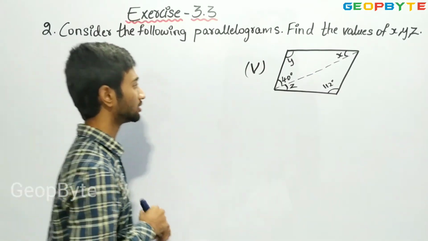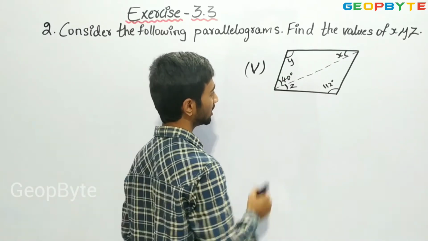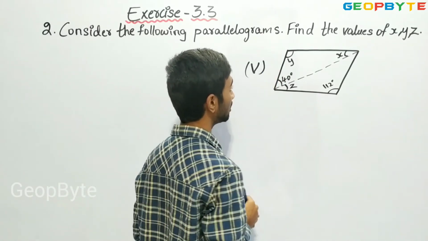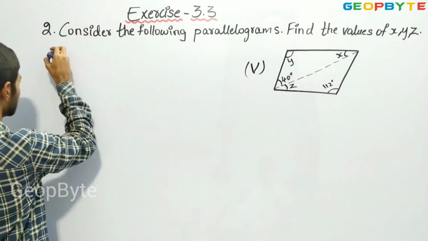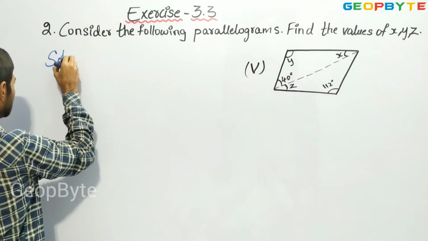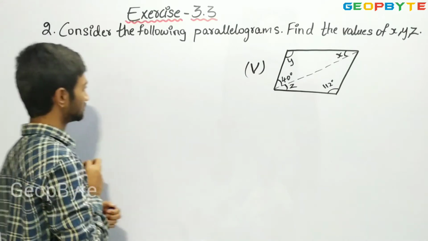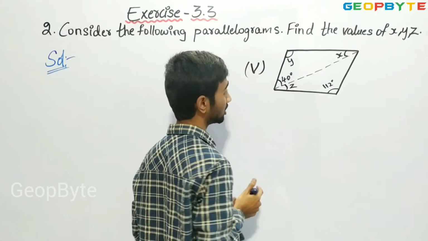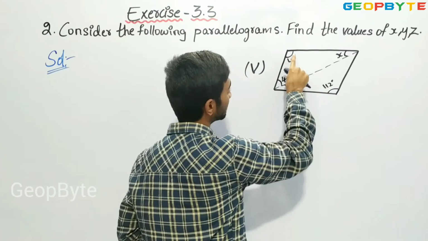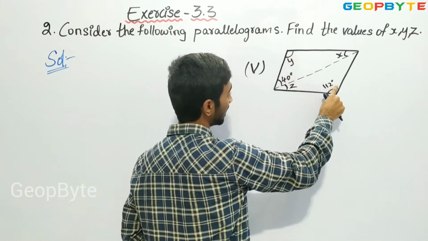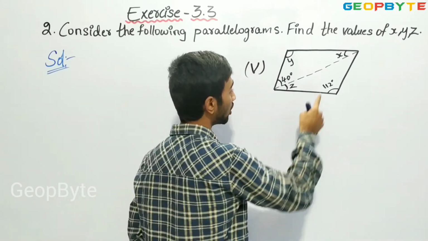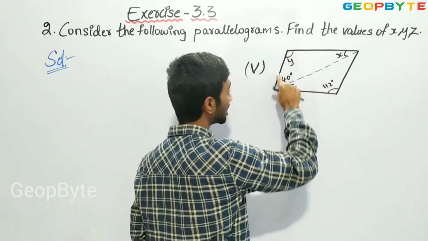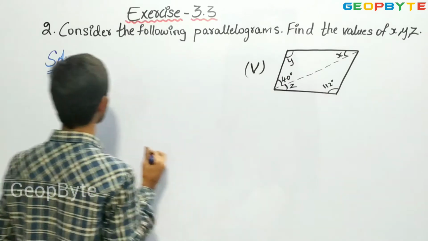Now let us see the fifth figure. Here we have a parallelogram. Let us find the values of x, y, z. In this figure, if you carefully observe, this angle and this angle are opposite to each other, and we know that the opposite angles in a parallelogram are equal.